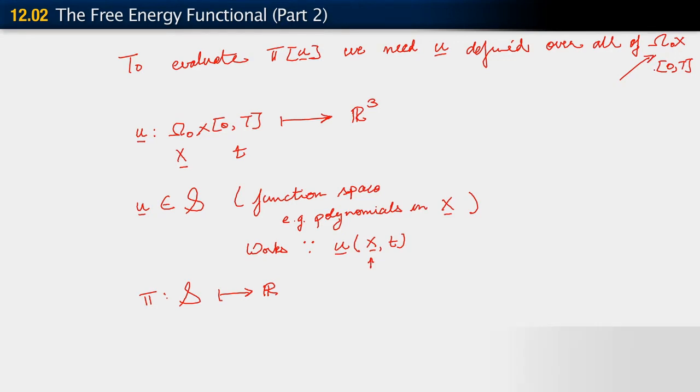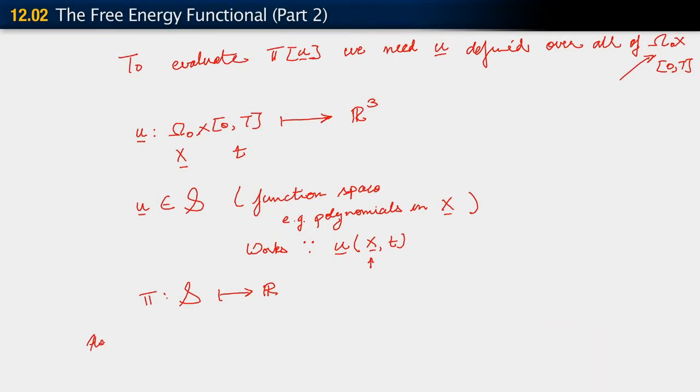When we come back in the next segment, we are going to understand what it means to take derivatives of this type of object. A thought that I'm going to leave you with is: how do we define a derivative of pi with respect to u?